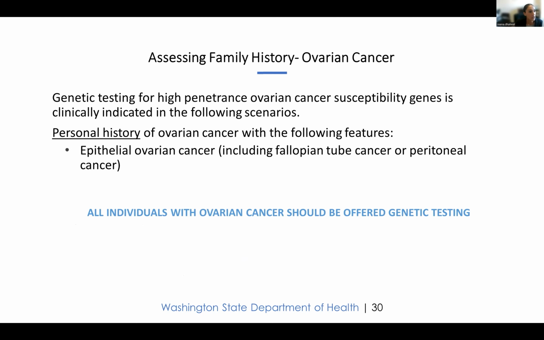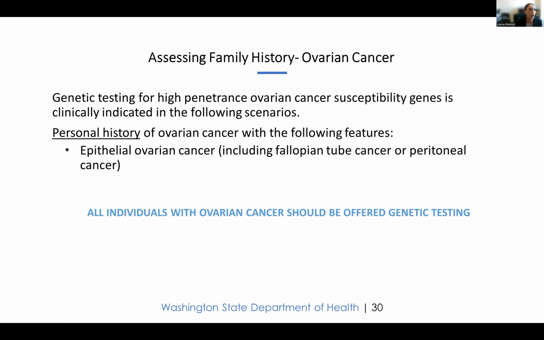And then specifically for ovarian cancer, genetic testing is indicated in all cases of epithelial ovarian cancer. The majority of ovarian cancer is epithelial, most often serous adenocarcinomas of the ovary. And this can also include fallopian tube cancer or peritoneal cancer.